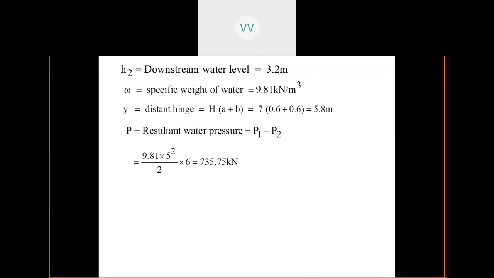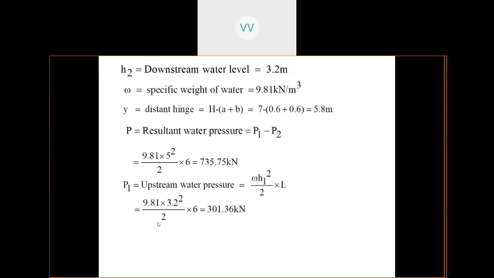Please substitute. It is 9.81 by 2 into 5 square into 6, where 6 is the length of the gate, that means the width of the gate if you see it in the plan. So you get a value of 735.75 kilonewtons.